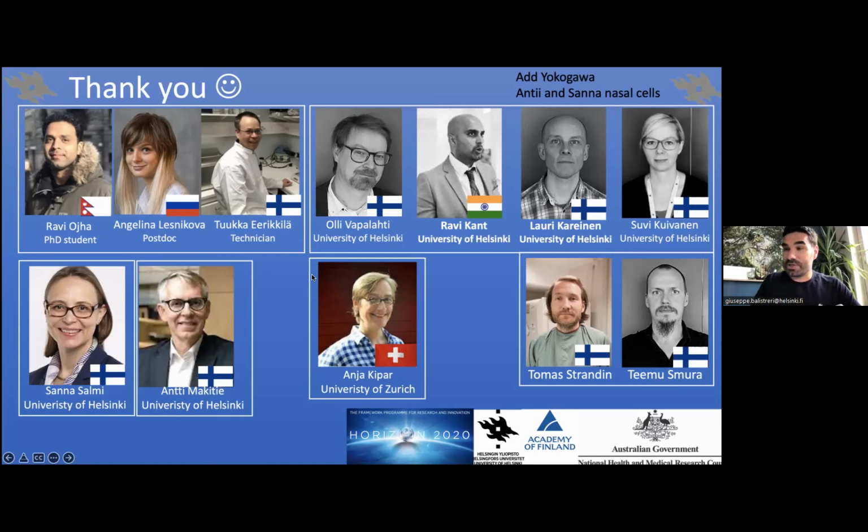Then our pathologists that tell us if the mice are doing well or not, how their lungs look like. That's Anja Kieper, University of Zurich. And then Thomas and Teemu. Thomas is a group leader nearby my lab. He does basically the PCR with his students, and Thomas does the sequencing of the viruses to make sure that we are really working with correct viruses.